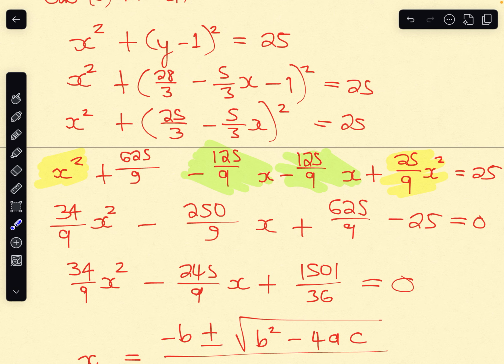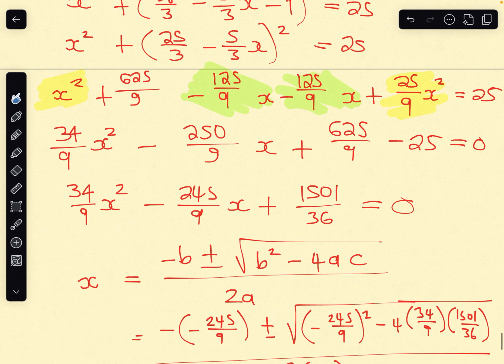And then we minus this 25. So this term is still the same. This one changes. So this is now minus 250 over 9. And then this term also changes. So we have 625 over 9 minus 25.